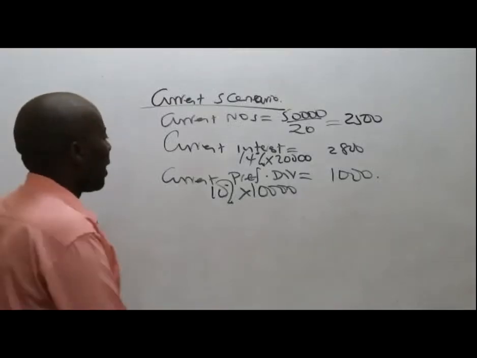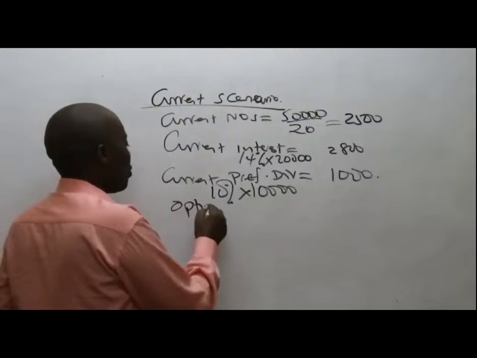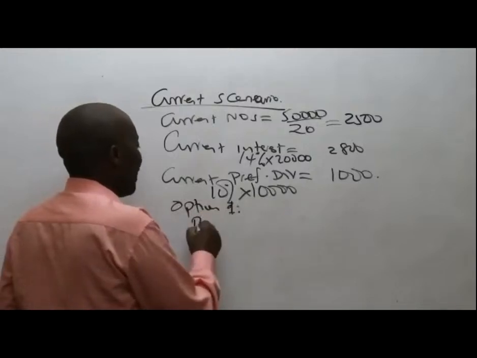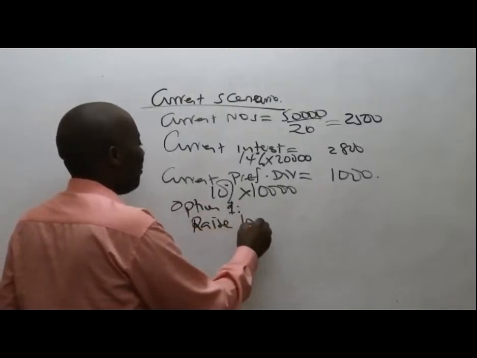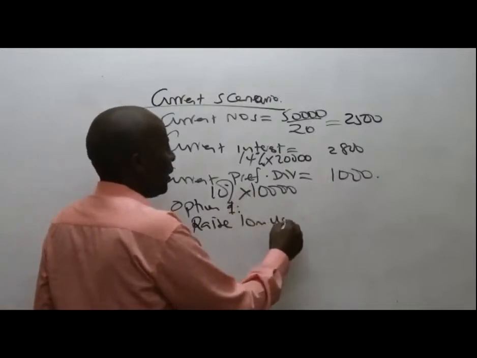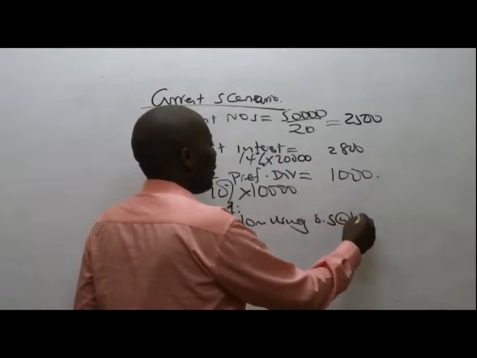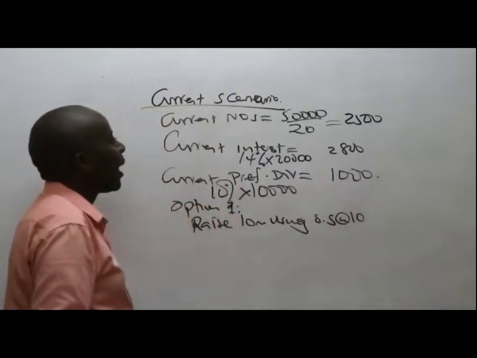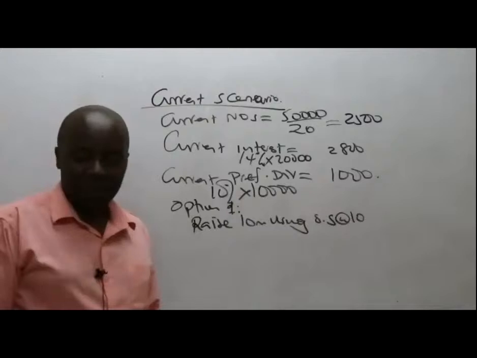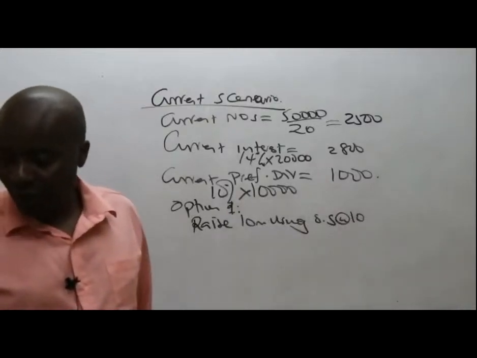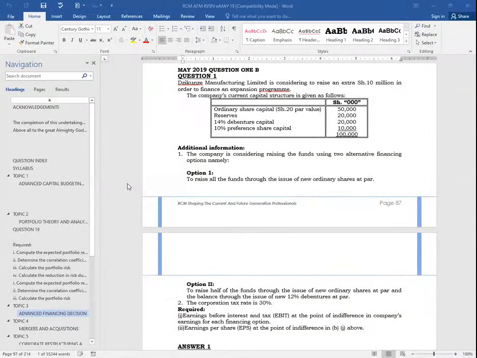So option 1 is to raise the 10 million using ordinary shares whose par value is 10. Is it 10 or 20? The par value is 20.